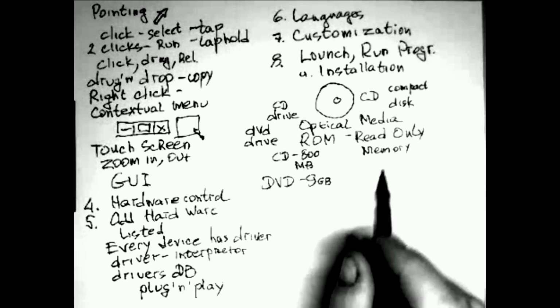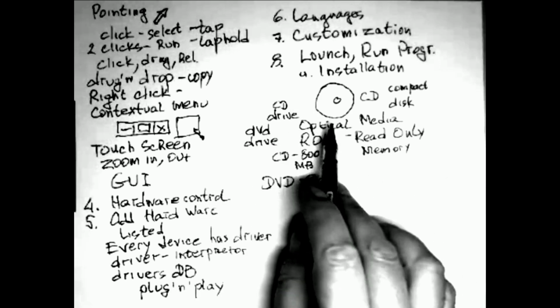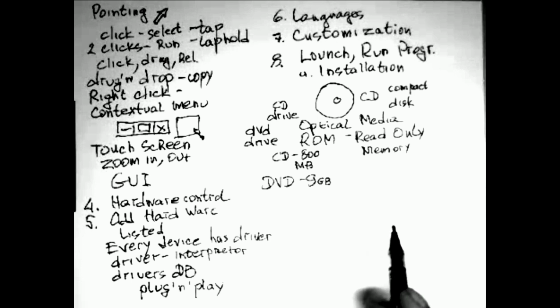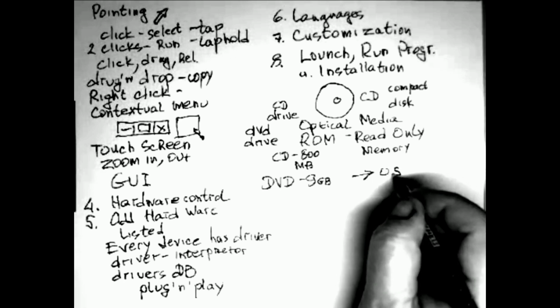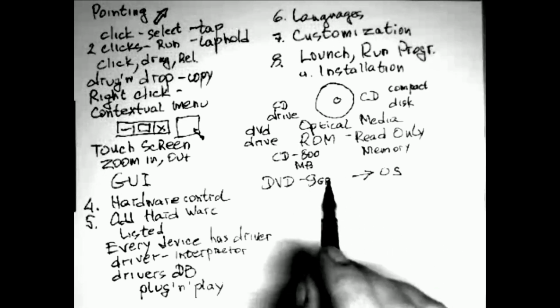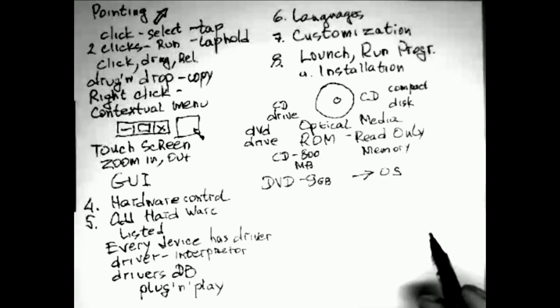Okay, so how does installation happen? When you put this CD or DVD-ROM disk into the reader, it will be connected to the operating system. The operating system usually automatically figures out that this is a program that must be installed, and it will ask you, usually, would you like to install the program like Microsoft Office?